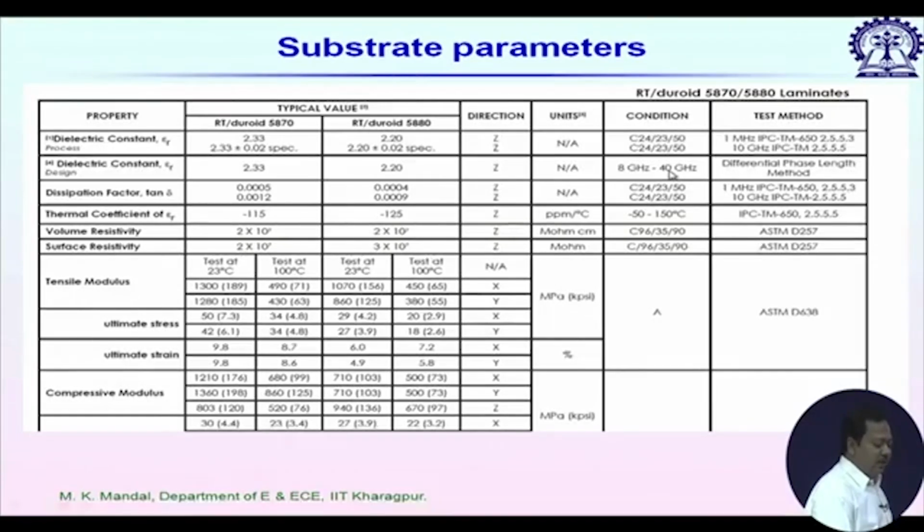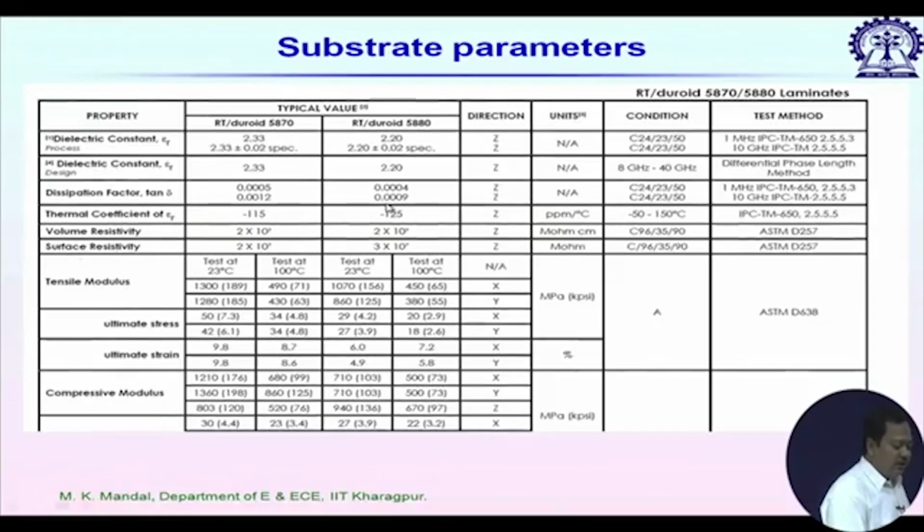If I increase the frequency further, that means the dielectric constant may vary, it may not be fixed at 2.33 or 2.2. Similarly, the dissipation factor or loss tangent, another name is tan delta. For 5870, they are suggesting two values: 0.0005, this is at 1 megahertz, and below that, 0.0012, this is at 10 gigahertz.